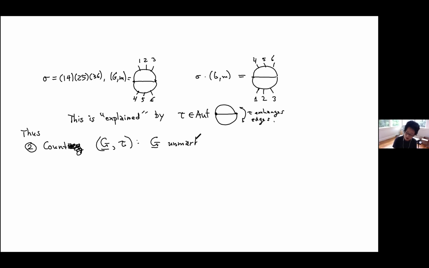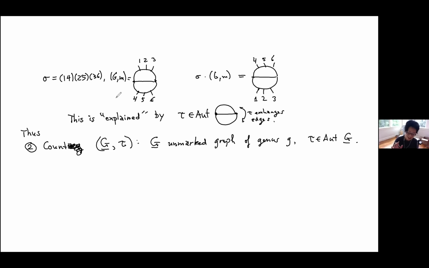So this is an unmarked graph of genus g, and tau is an automorphism of the underlying unmarked graph. And for each such pair, in this situation, I would have counted this theta and this automorphism of the theta that exchanges the first and the third edges. And I need to then, for each such pair, figure out how many sigmas and marked graphs G_M are explained, quote unquote, by that G underline, tau.